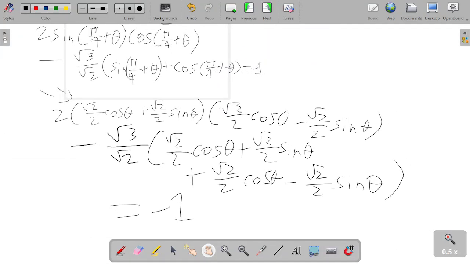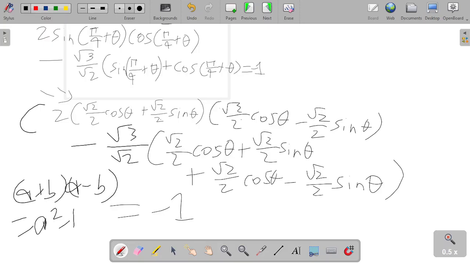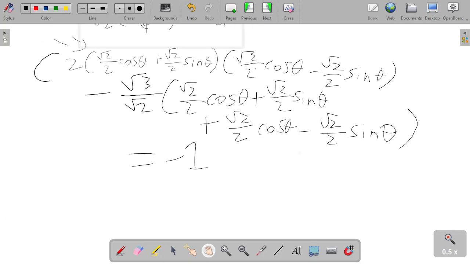Now let's start with this part here. Can't you see that this is a plus b and this is a minus b? So basically we can do a plus b times a minus b is equal to a squared minus b squared. So let's do that and see what you're going to get.